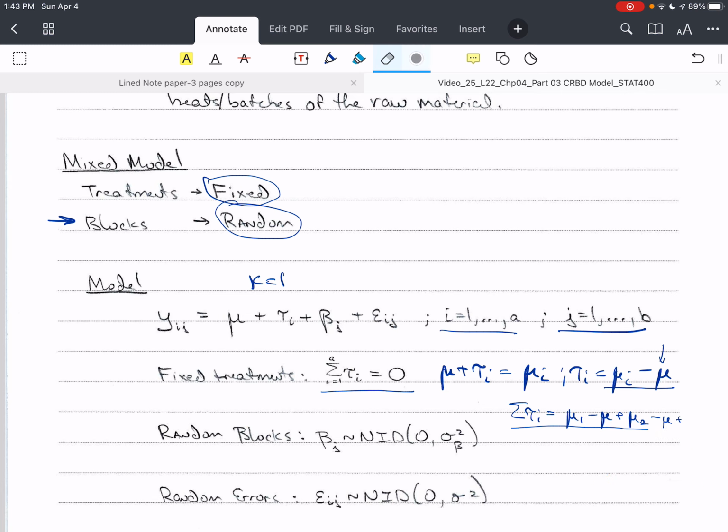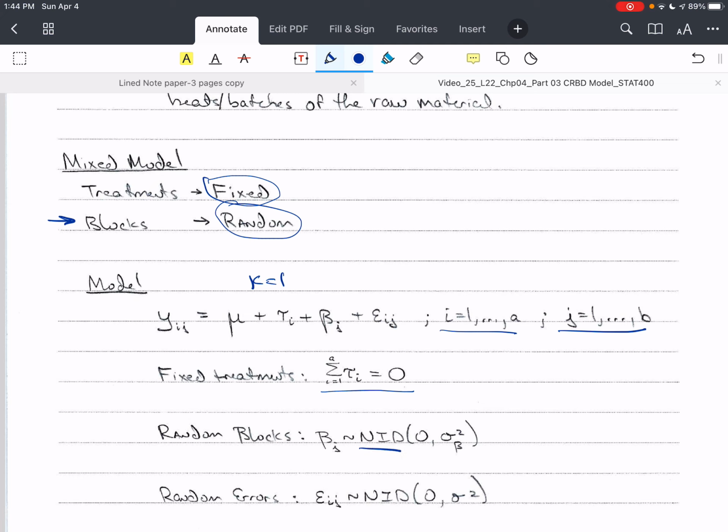I think I've explained it before, but I wanted to review that. Now that we've seen it a few times, hopefully it makes more sense with this explanation. Okay, so the random blocks. Beta sub j is random, so that means it is normally and independently distributed with mean 0 and variance sigma sub beta squared.